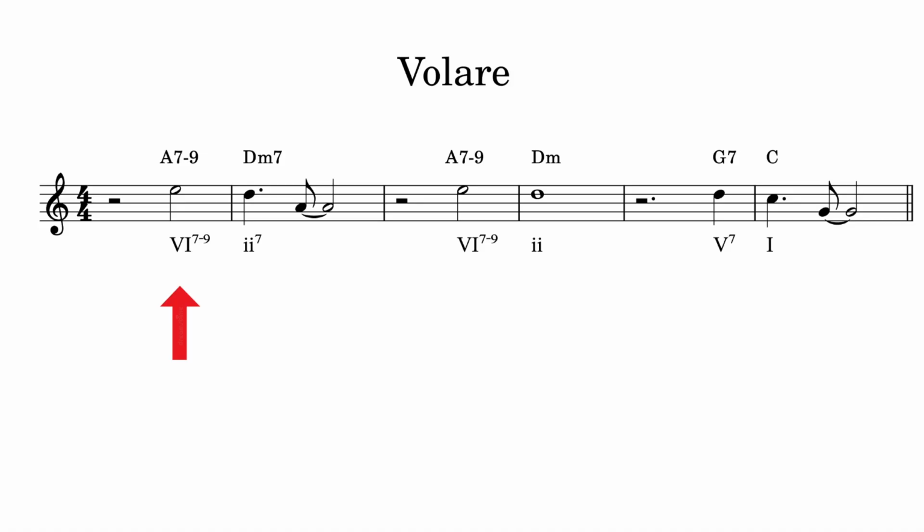Probably one of the most famous examples of a song starting with this chord is a little thing called Volare. Then it goes back. And now we're working our way back to the key of C. Another familiar way to use the 6-7 chord is to introduce a one more time repetition at the end of the song.